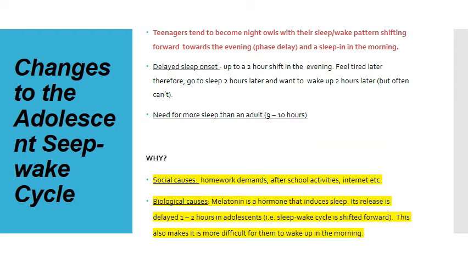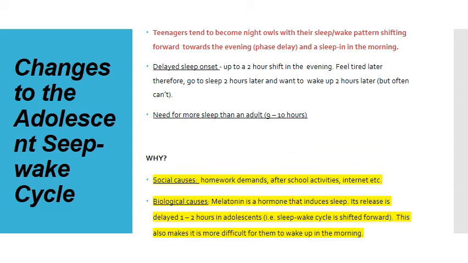So unfortunately for you guys as adolescents, the time around puberty is generally associated with the onset of a characteristic pattern of sleep problems. There are two things that tend to happen for adolescents. Overall, your sleep-wake pattern shifts forwards towards the evening, and so you go to bed later, so there's a phase delay, and you want to sleep in the morning.